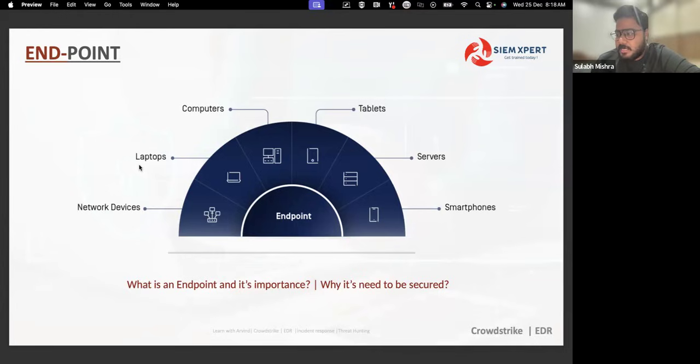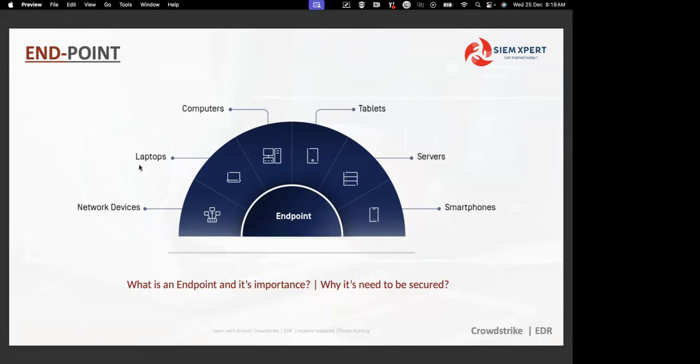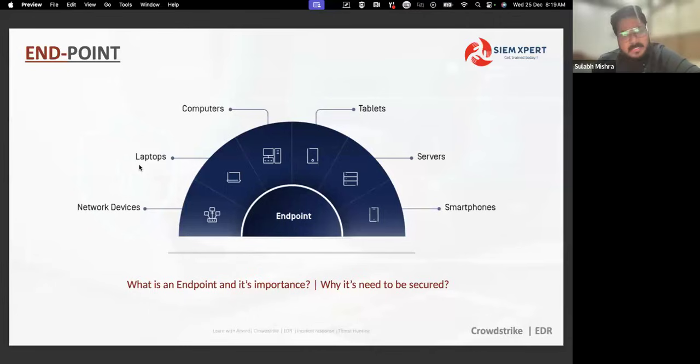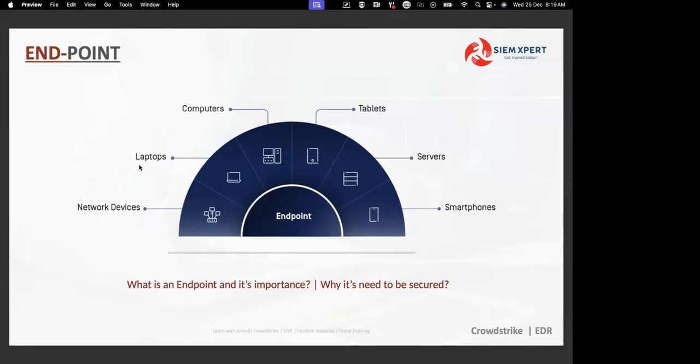The Wi-Fi router in your home, can it be considered as an endpoint? No. No, sir. Yes. I mean, yes or no? Yes. No. Okay, why no? What would be your reasons for it?